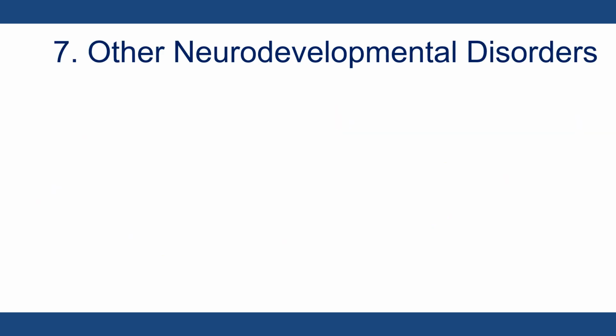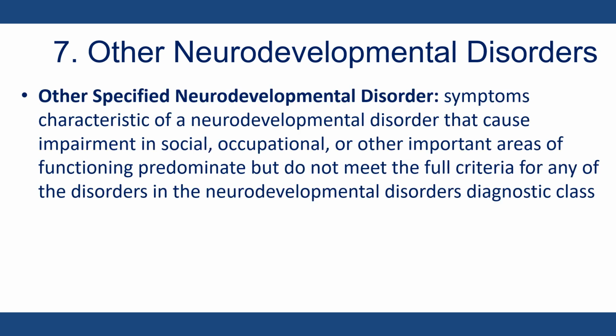And we're almost done. Number 7 is other neurodevelopmental disorders. And by other, we really mean when you have a client who is giving you all the symptoms and impairment in social and other settings, but they are not meeting the full criteria for any of the disorders that we have talked about so far.